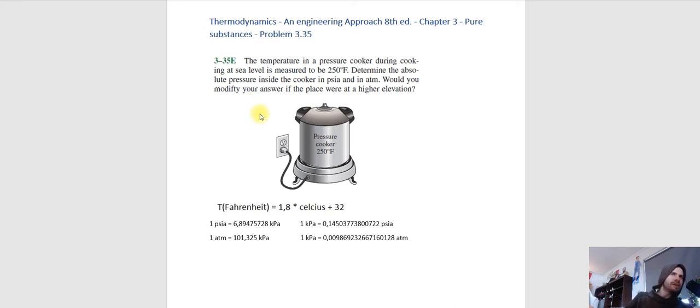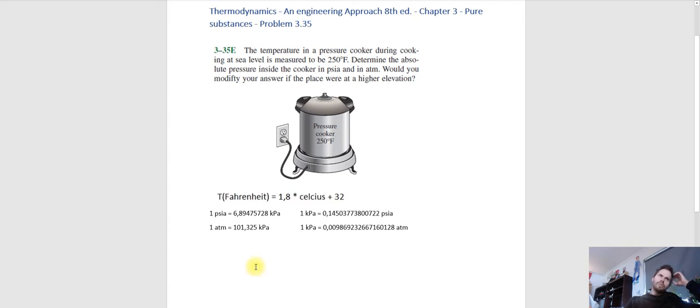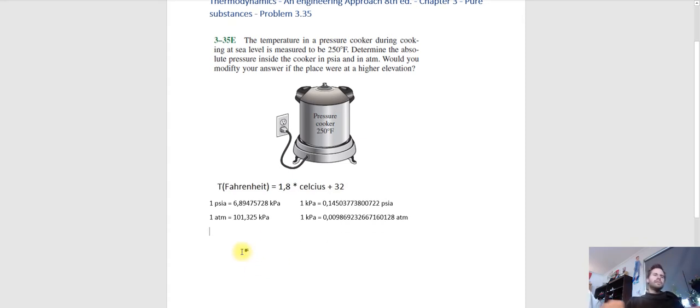Okay, this pressure cooker is standing on the water, and we are going to measure the absolute pressure in the cooker. The absolute pressure means you will have the pressure inside here in addition to the atmospheric pressure.